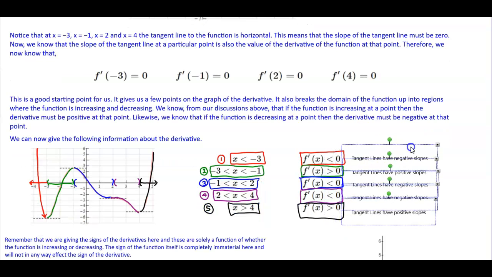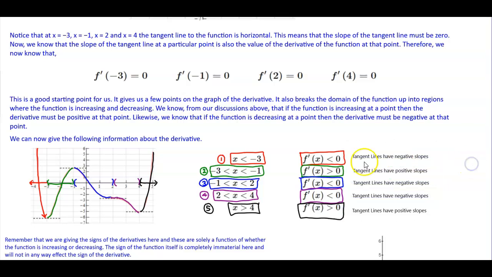So let's summarize here. If the derivative, f prime of x, is less than 0, that means the tangent lines have negative slopes. If f prime of x is greater than 0, then the tangent lines have positive slopes. So this is telling us where it's increasing and decreasing when we're looking at the graph.